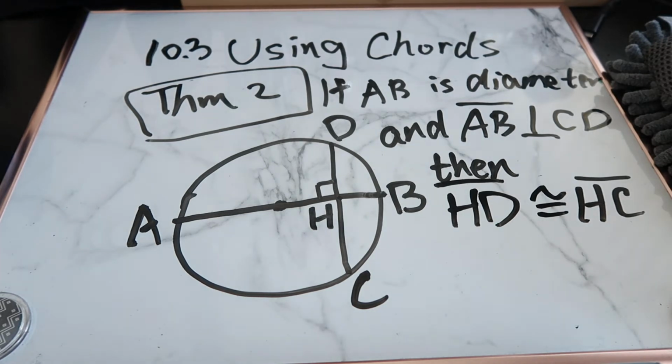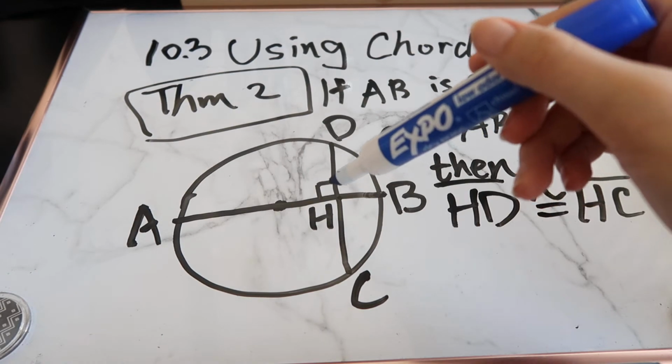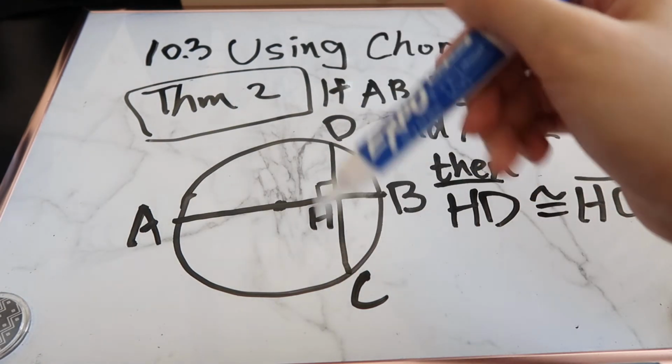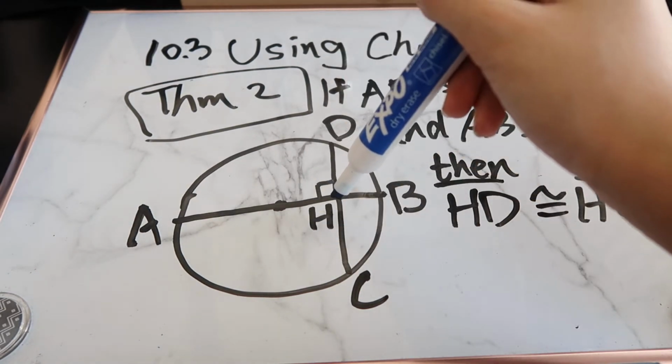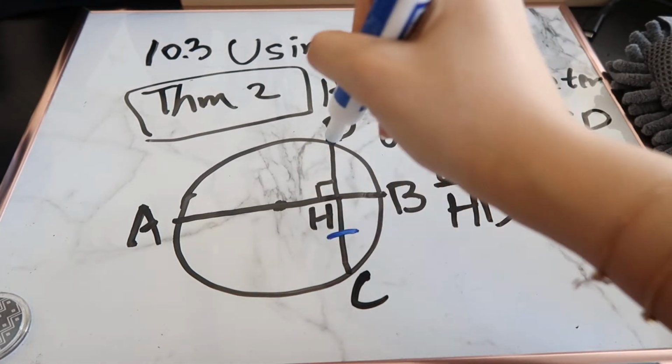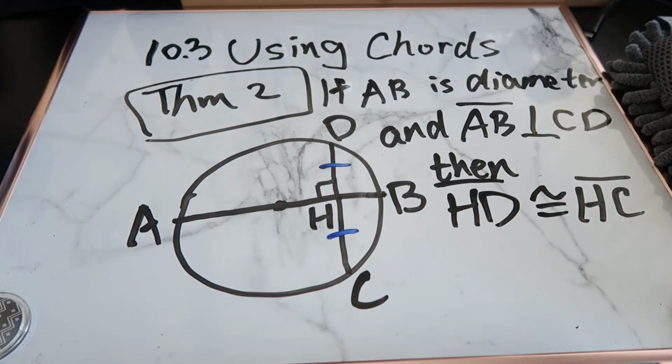So what this is saying is that when we have the diameter intersecting a perpendicular chord, those two sides become congruent to each other.